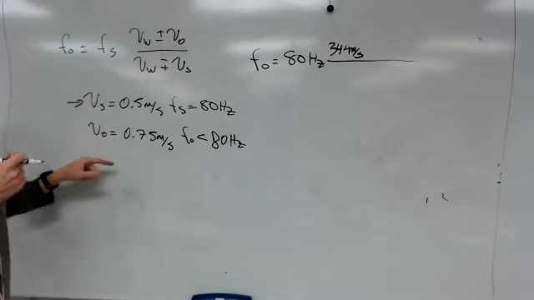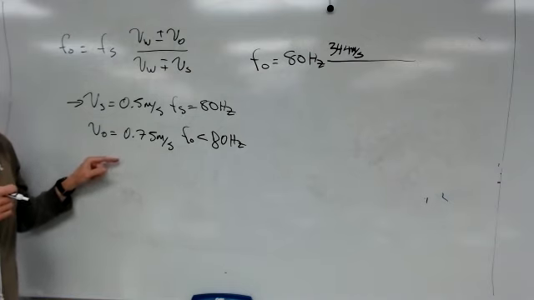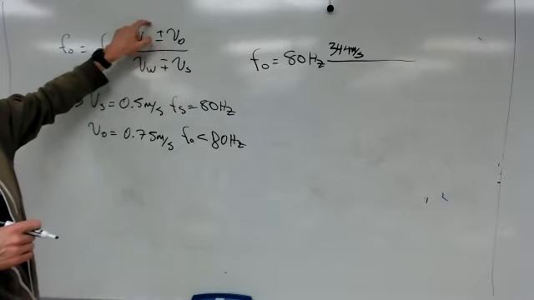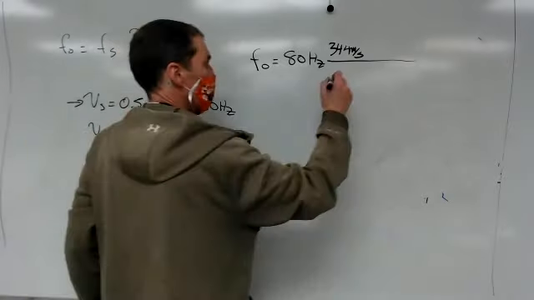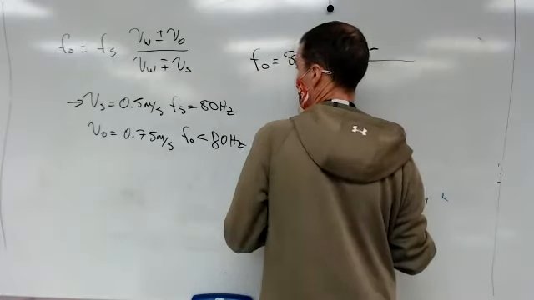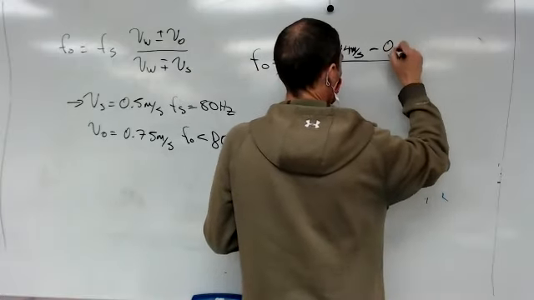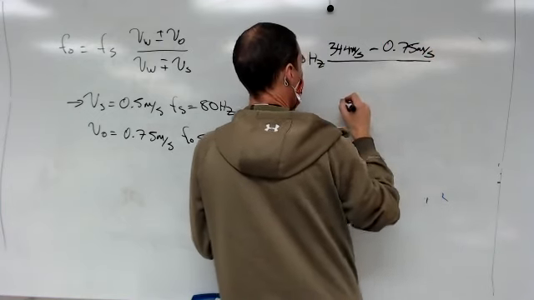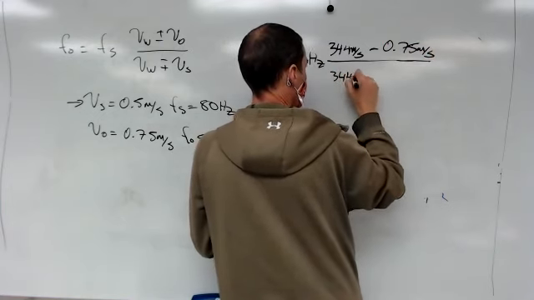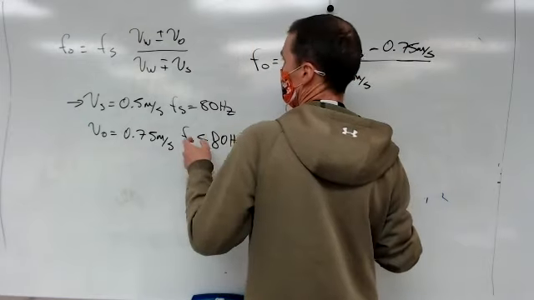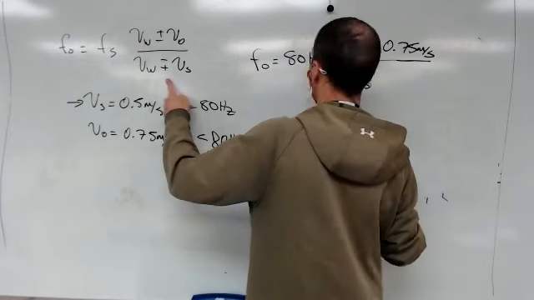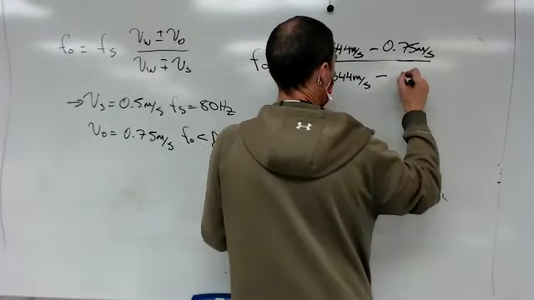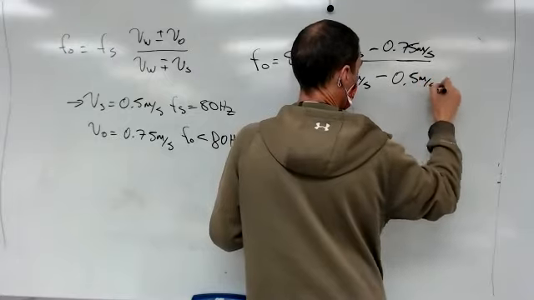It's turning away, so receding is minus. Top side is approaching, bottom side is receding, so minus, and what is it? 0.75. Minus or plus? Minus, because he's approaching me, he's running after me, 0.5 meters per second.